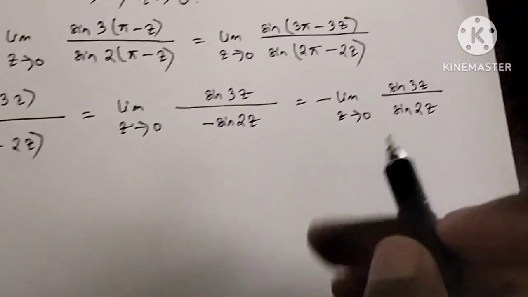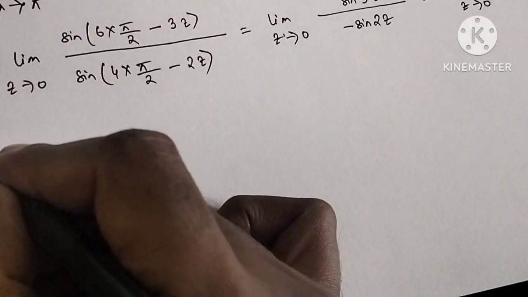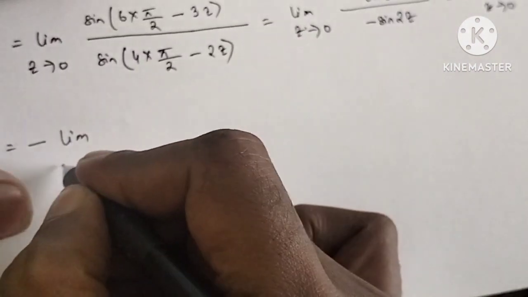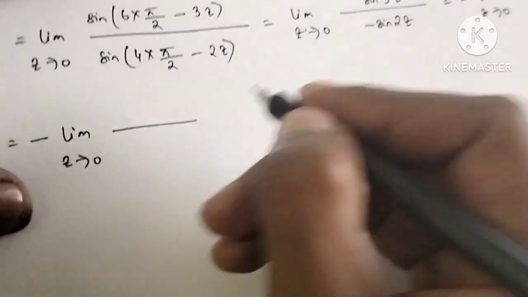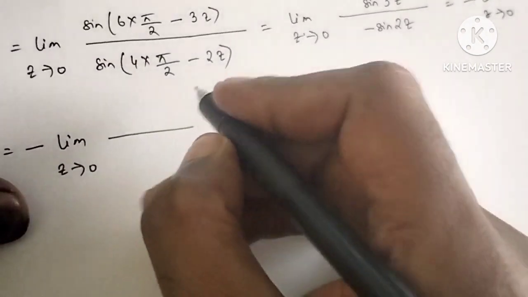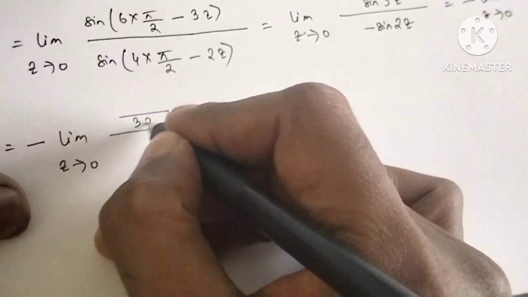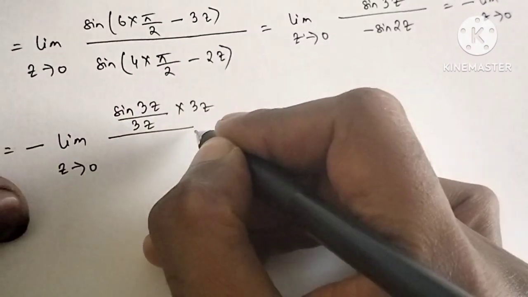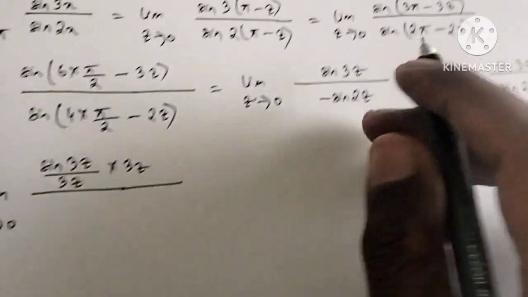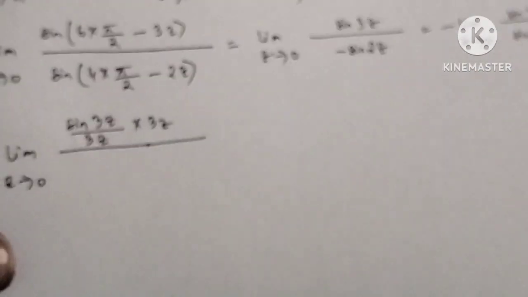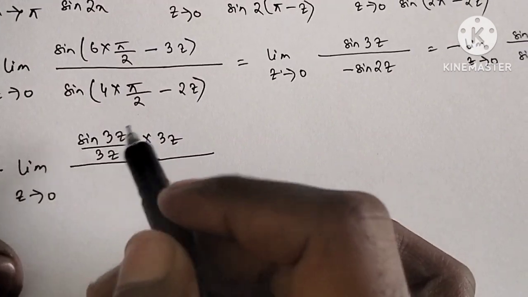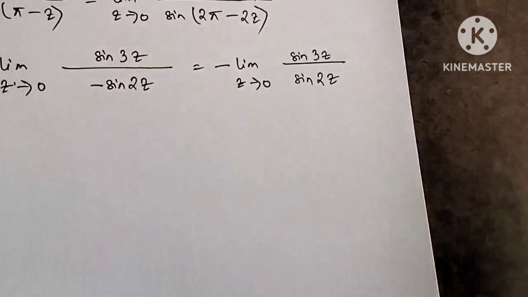Now see, this can be written as minus limit z tends to 0, sin 3z by 3z into 3z. Here there was only sin 3z, so I divided by 3z and multiplied by 3z, since we have to keep this form.